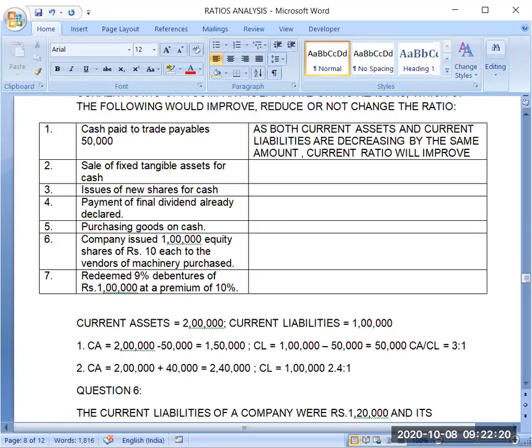Another way of doing this transaction is that you can see only the numerator is increasing. There is no change in the denominator. The numerator is increasing because current assets are in the numerator. That's why you can decide that your current ratio will be improving.